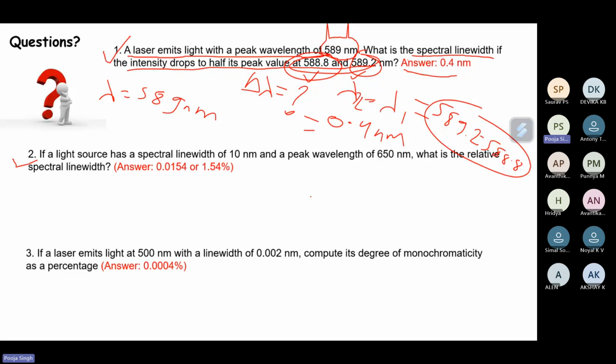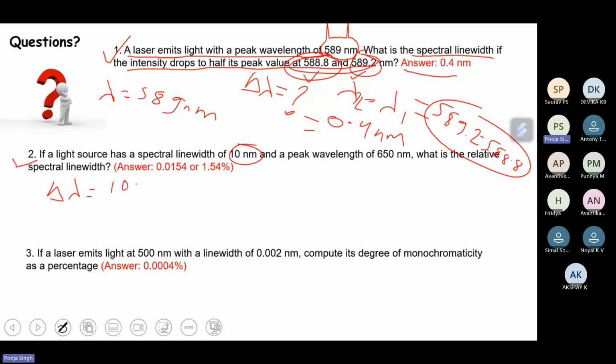What is given is that a light source has a spectral line width of 10 nanometer, which means delta lambda is given as 10 nanometer. And a peak wavelength of 650 means lambda is also given. So what is the relative spectral line width? You just have to calculate the percentage. Are you getting this percentage value?